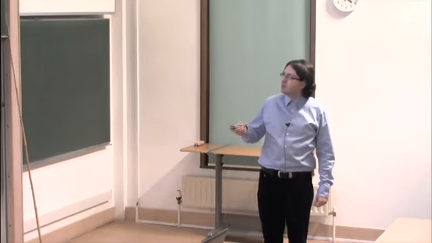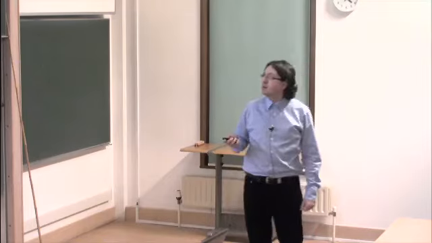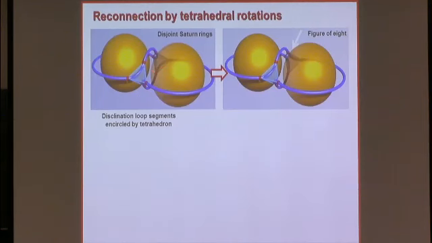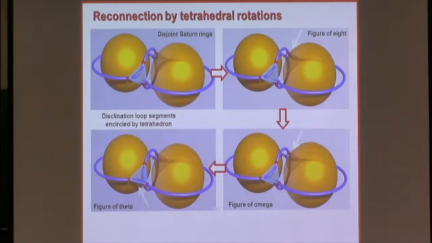And you can switch between these states by rotating the tetrahedron around the axis. If you just look here and here, you see the difference in orientation of this tetrahedron. And you can do this many times, and you can come from these two disjoint Saturn rings to the figure of 8, figure of omega, or figure of theta. So to all these entangled states.